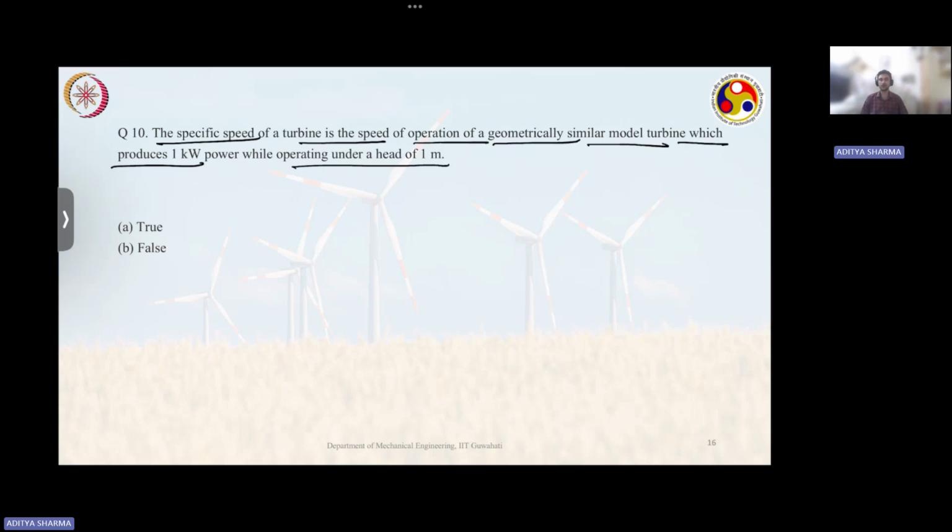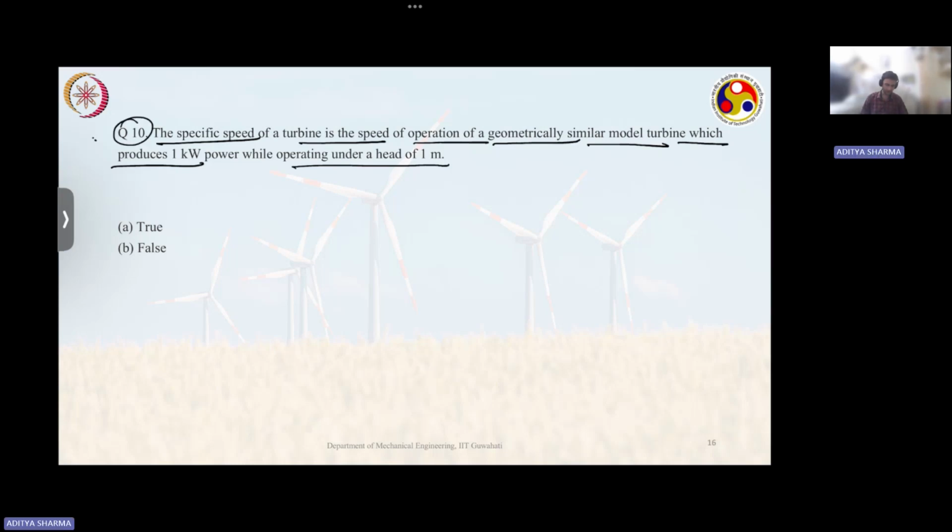In that case, if we have two different turbines that are geometrically similar, the speed of operation of these two turbines can be compared.